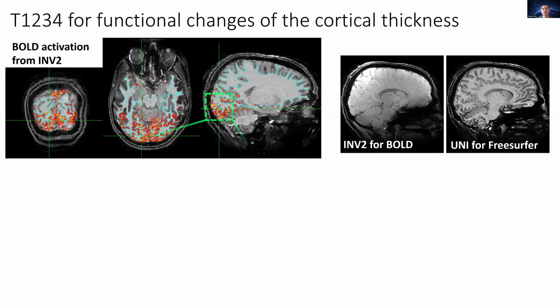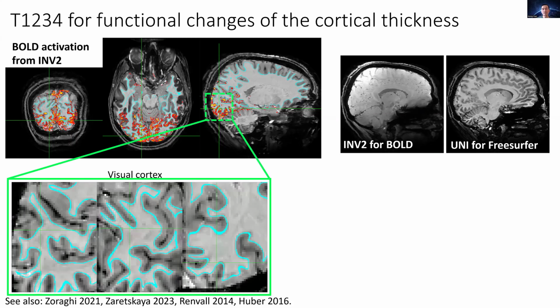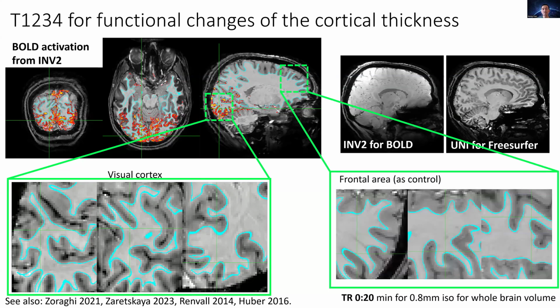With this, FreeSurfer reveals an apparent gray matter dilation at the white matter border, small but consistent. Only in visual areas, but not in frontal areas, used here as a control to show the run-to-run stability of this analysis.